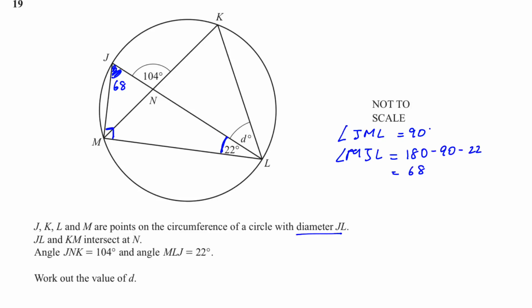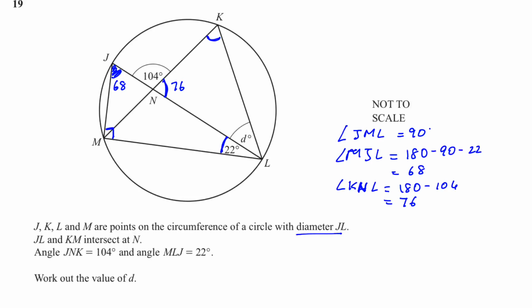Then this angle here, angle KNL, will equal to 180 minus 104, because it is a straight angle, and straight angle is equal to 180. So that is going to be 76.